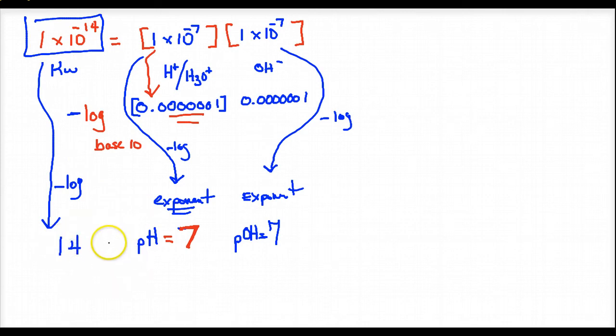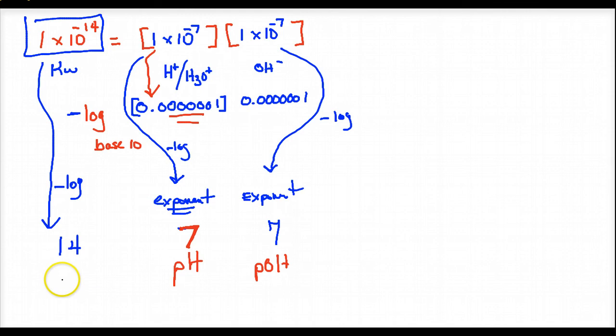And notice something here. This is the pH, this is the pOH, and this is the pKw. Little p means negative log: negative log of the H plus ion concentration, pOH, negative log of the hydroxide concentration, and pKw, negative log of the Kw.